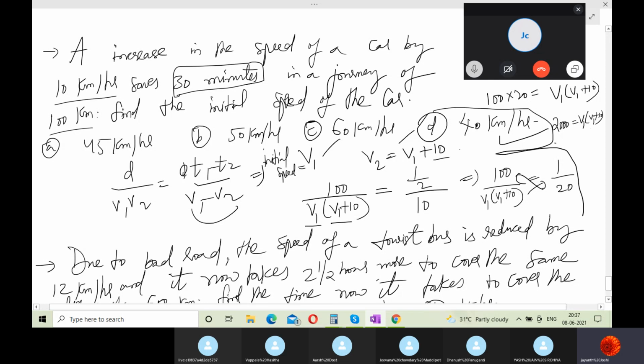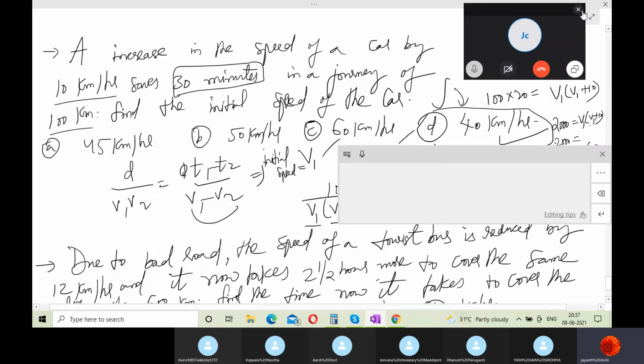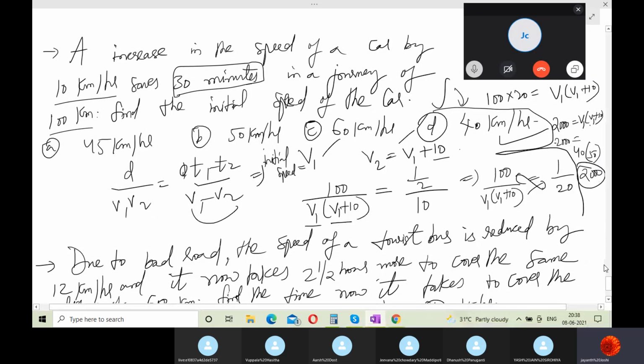Now I will take 40 here and see whether I'm getting the answer or not. So 2000 is equal to 40 into 40 plus 10, which is 50. 40 into 50 is 2000. Okay, so my answer is 40 kilometers per hour. Do the next question, and if you have not done it, copy it down and do the second question.